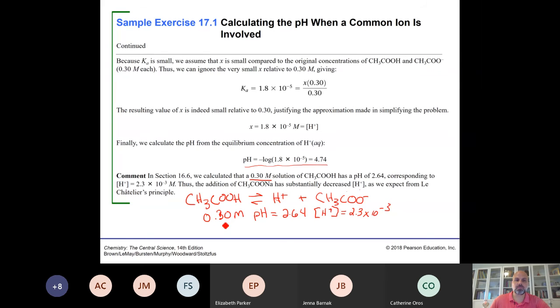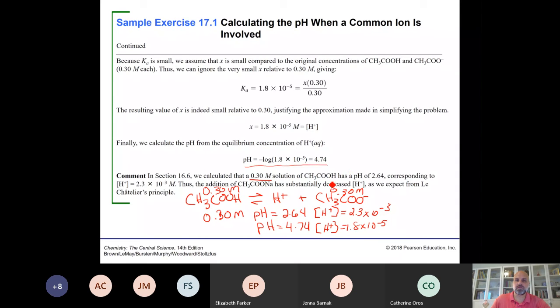But in this example, where we have added both 0.30 molar of the acetic acid and 0.30 molar of the sodium acetate, our pH is now equal to 4.74, which corresponds to a proton concentration equal to 1.8 times 10 to the minus fifth.